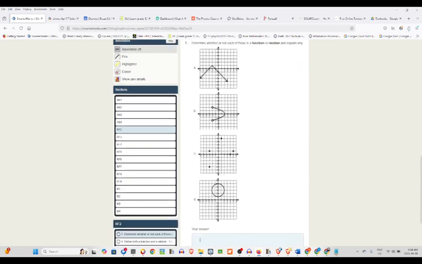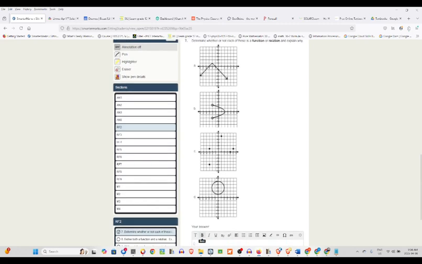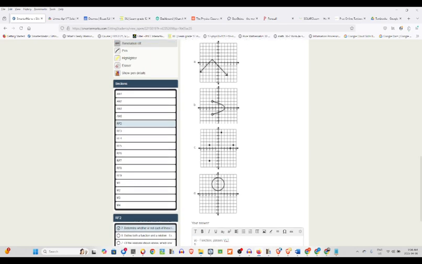Here it's simple enough. A is a function because it passes the vertical line test. B is not a function. It fails the vertical line test. If you draw a vertical line through it in a lot of places, it will intersect twice. Here it will only intersect once.